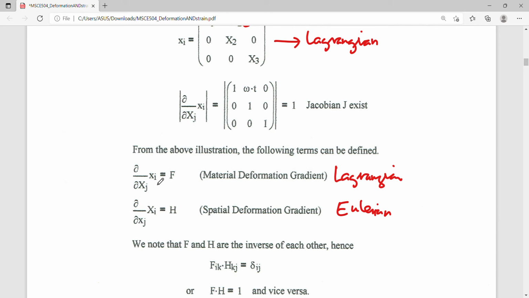So the partial derivative of xi with respect to Xj is simply F, and the partial derivative of capital Xi with respect to xj is simply H. Okay, so again, one correction here, class. This is not j, this must be I. So this is a Jacobian J, and these are not equal. Okay, I would just like to caution you, these are not the same.